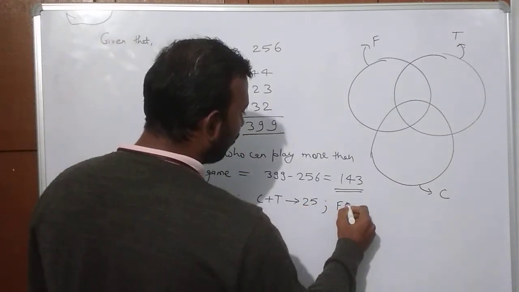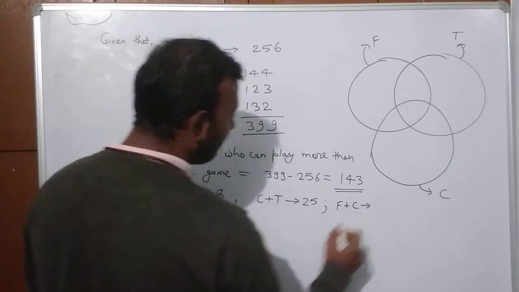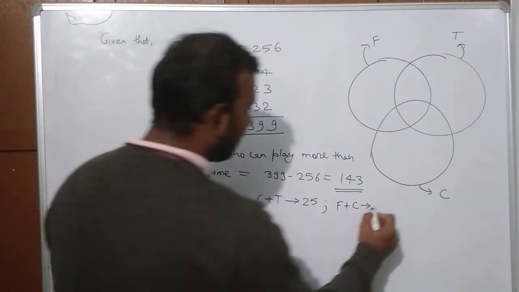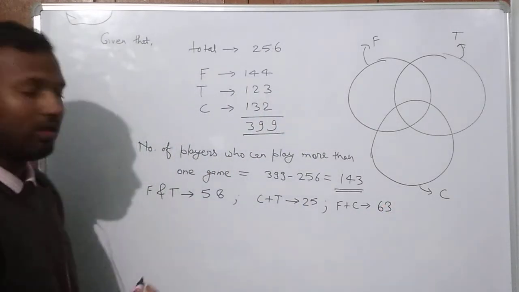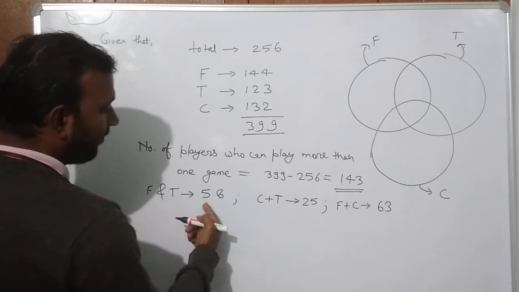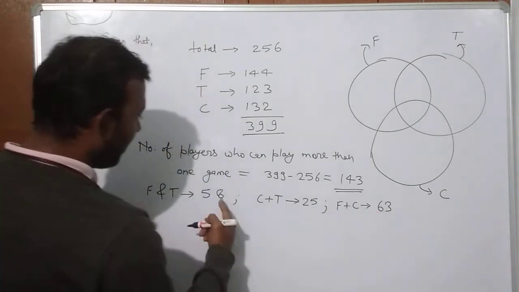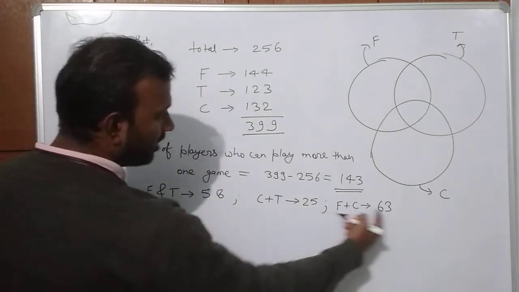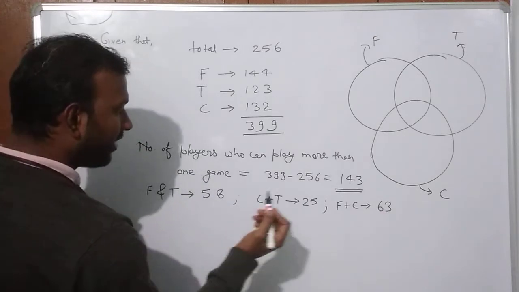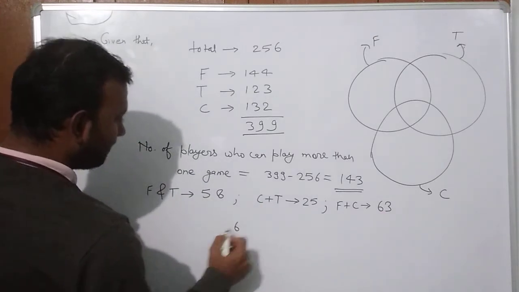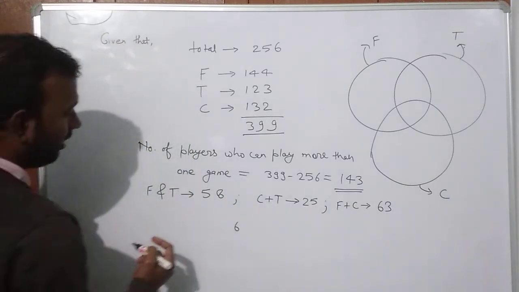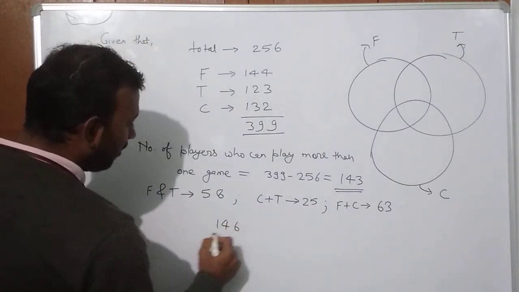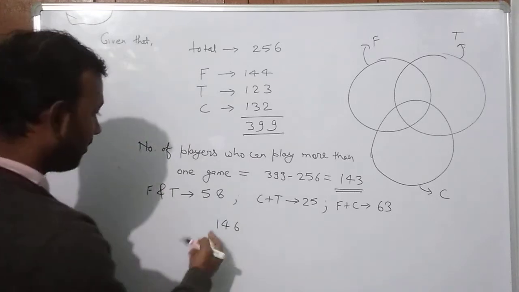How many players can play? 63. So these are the numbers. If we add 58 plus 25 plus 63, 8 plus 5 plus 3 is 16, 6 plus 5 plus 2 is 13, and 1 is 14. 146. This is the number.